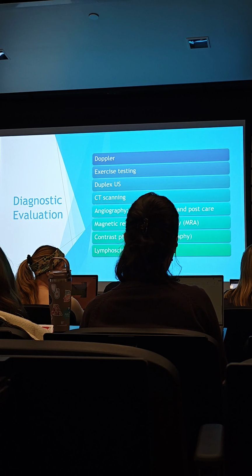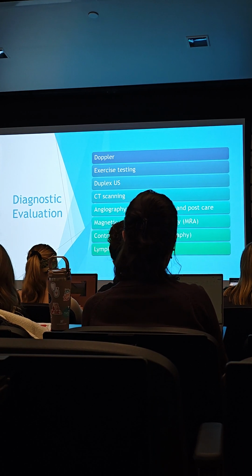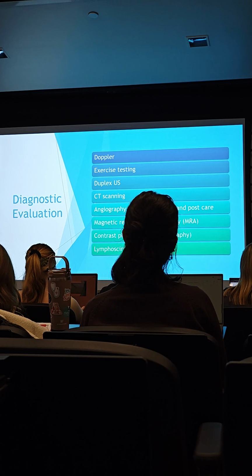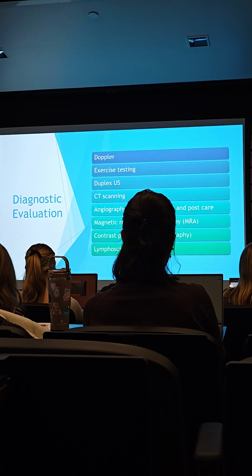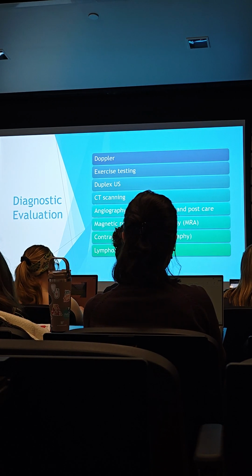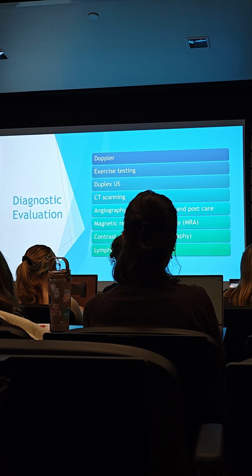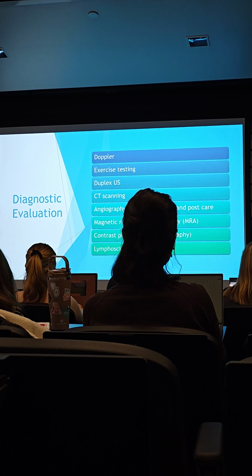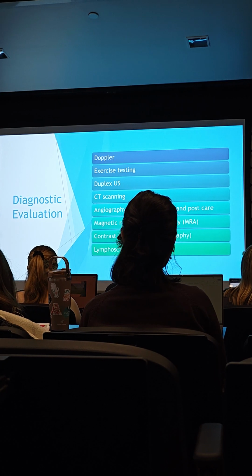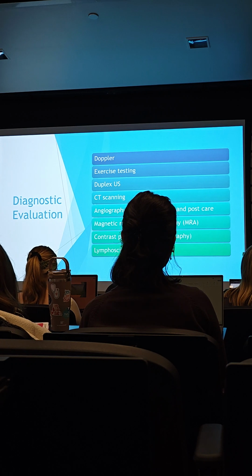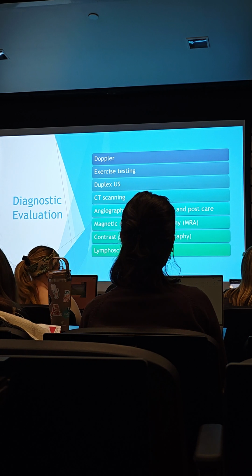CT scanning. Angiography. Just like we do coronary angiography, we can also do peripheral vascular angiography. Somebody in this class, I believe, went down to the cath lab and watched a patient who had a blockage in their popliteal artery, and they went in and opened up that vessel and increased blood supply.